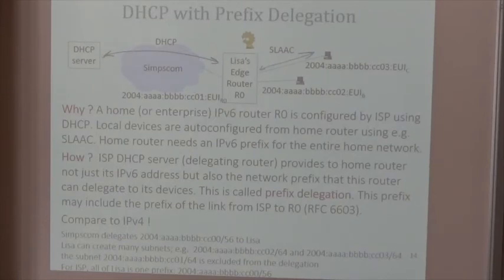Well, you give a prefix to this guy, and this prefix is, for example, 2004 AAA BBB CC, which is almost everything except the last 8 bits. So that's a 56-bit prefix. I give this prefix to this guy, and then they can use it to make here 2 subnetworks.